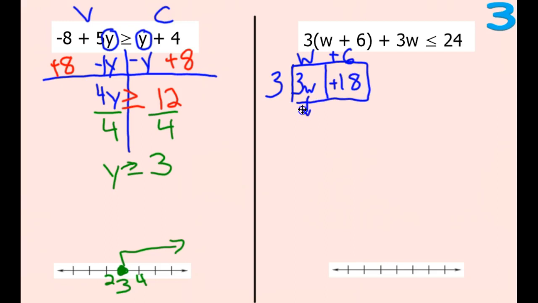Then we have to bring these down out of the box. We're left with 3W plus 18 plus 3W is less than or equal to 24.